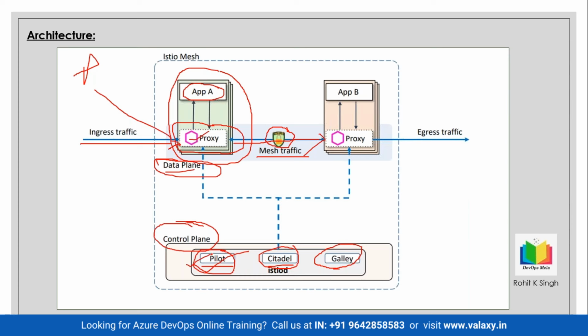Pilot manages the configurations, Citadel manages the certificates and keys, Galley stores the Istio configuration and then pushes it to other Istio components. And this guy is the network proxy, that's Envoy, responsible for intercepting communication and applying policies. Whatever policies you have set, it will intercept the traffic and, based on those policies, allow the traffic.